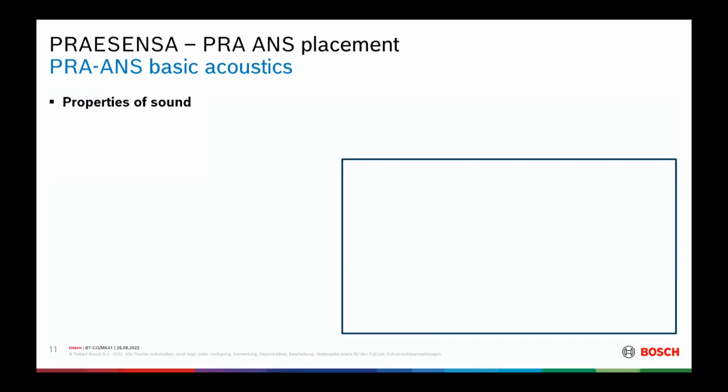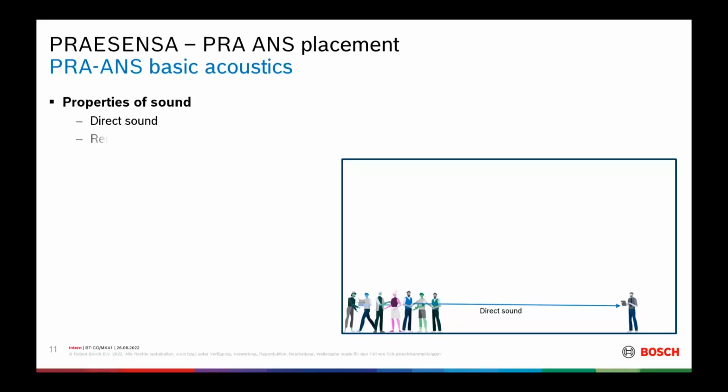So when we look into sound in a room, and the room has a certain reverberation time, maybe you have people on one side talking, and they listen to someone speaking live or also through a loudspeaker. So you receive a direct sound.